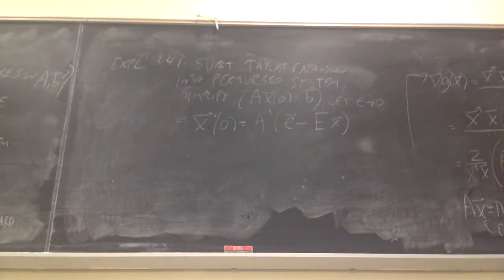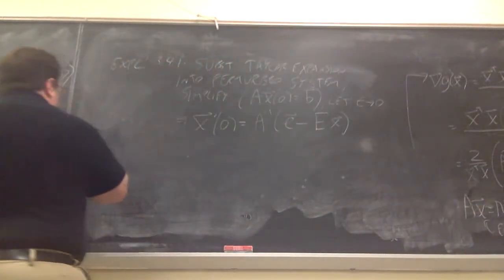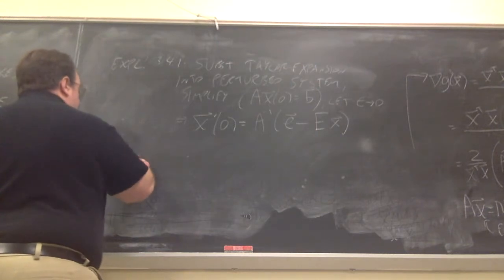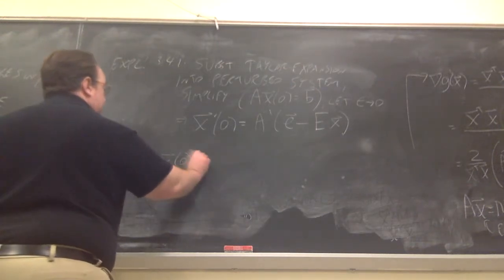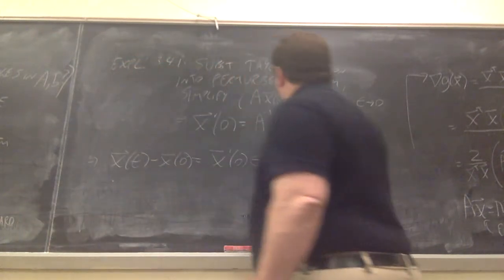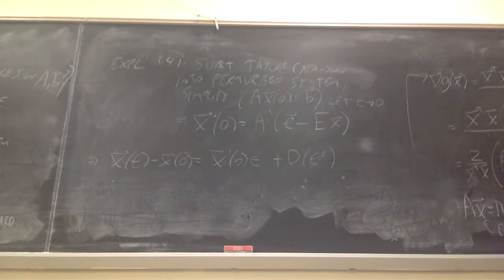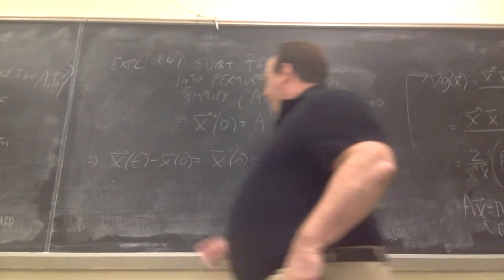So now we're going to make use of this. So what that means is the computed solution is x of 0 plus x prime of 0 epsilon plus smaller terms that we're not going to care about. Now, to get a handle on how big x prime of 0 can be, I'm going to take norms, vector norms, of both sides.